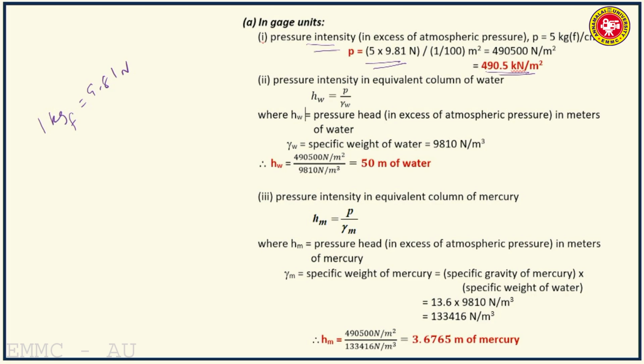What is P equal to? We have P is equal to gamma H, that is, gamma W times HW. What is gamma W? Specific weight of water, that is 9810 Newton per meter cube. What is P? The pressure that we have just determined, that is 490500 Newton per meter square.